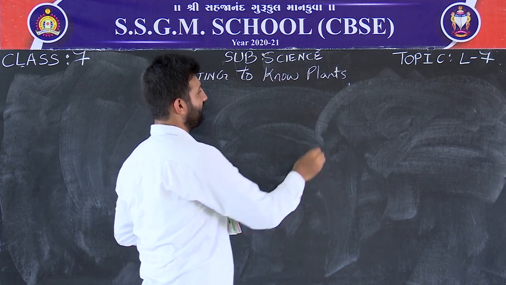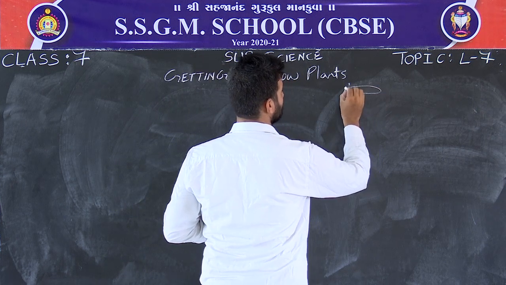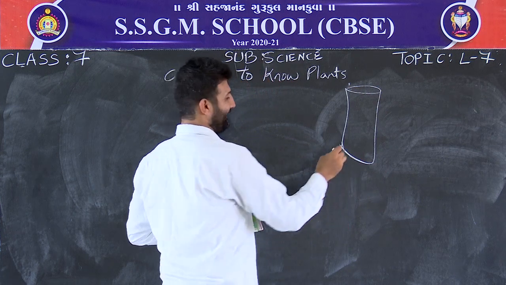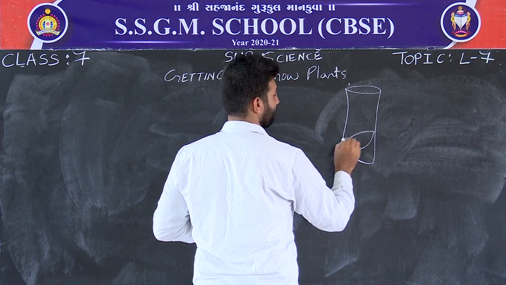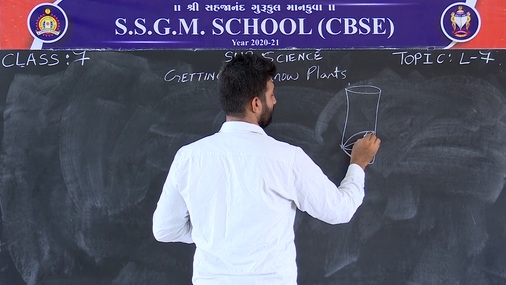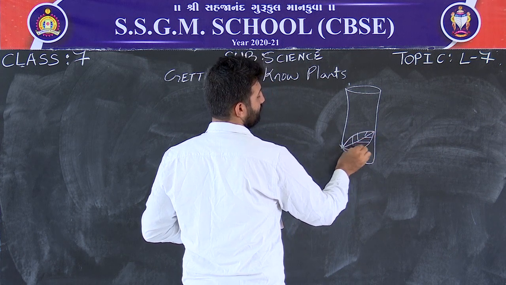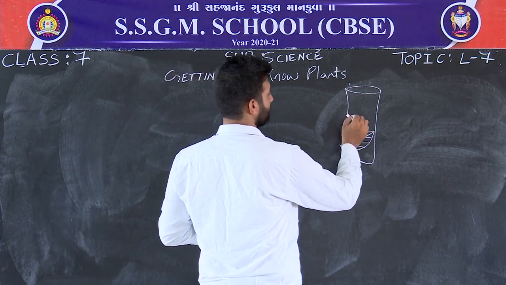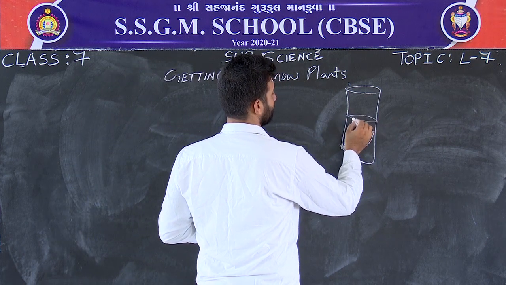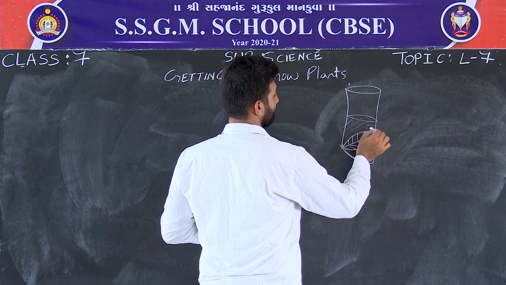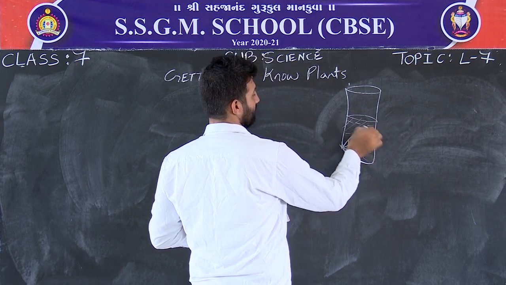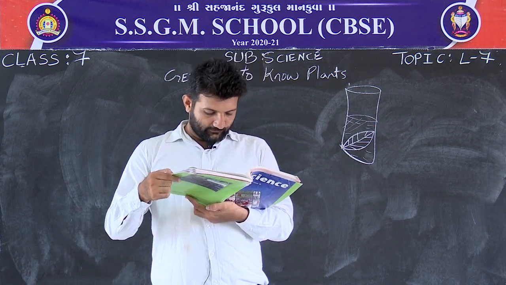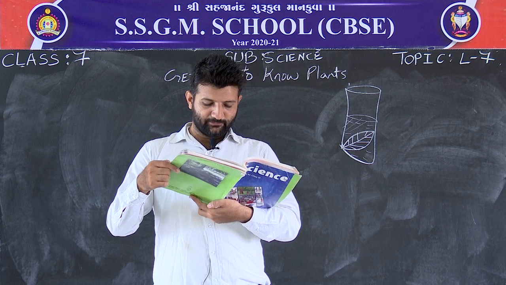So, you have to take a test tube like this, okay, and put one leaf inside it, half filled with spirit. Okay. Then next they are saying put a leaf in a test tube and pour spirit to completely cover the leaf.